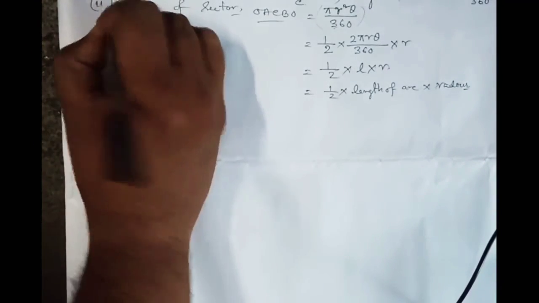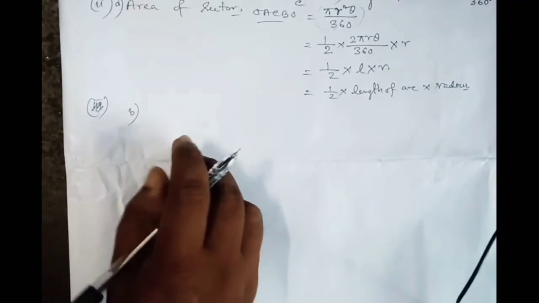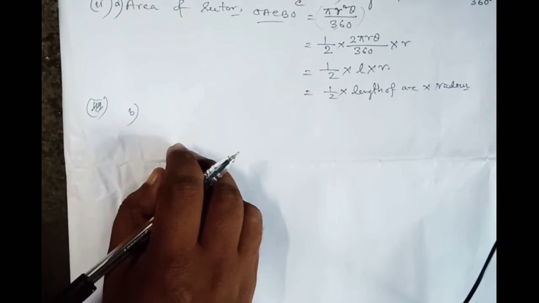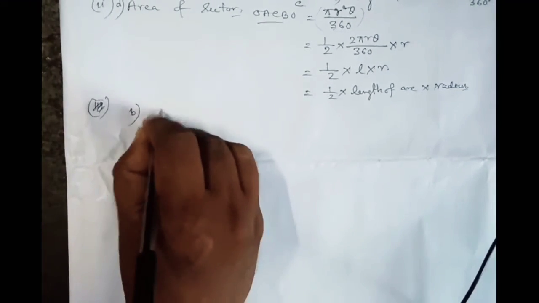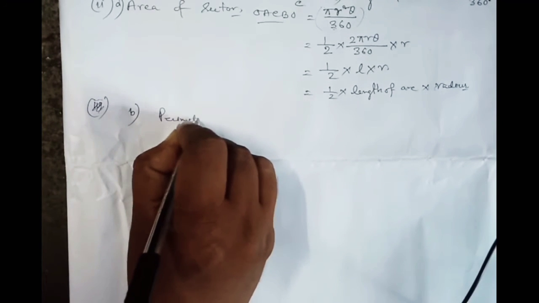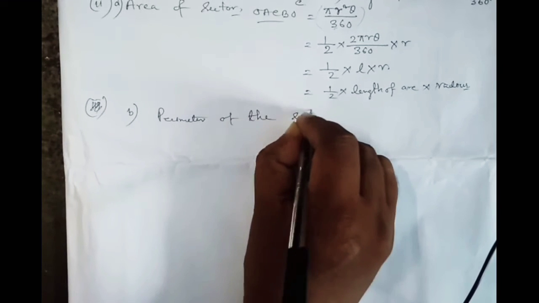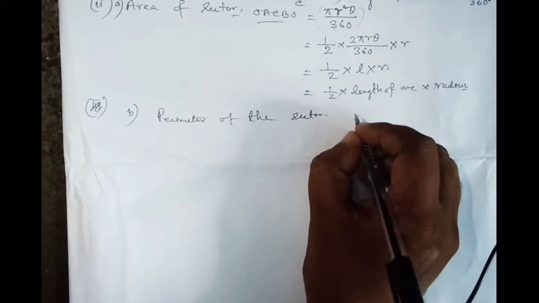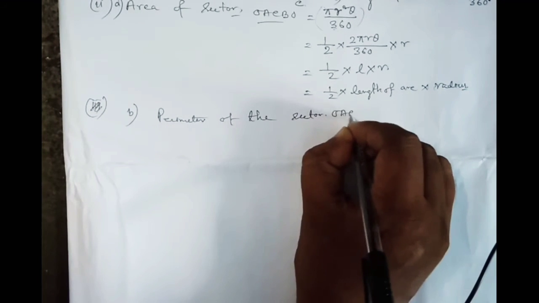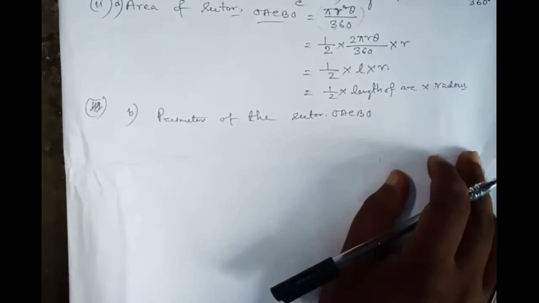Next, come to B. B is the perimeter of the sector. Perimeter of the sector OACBO.